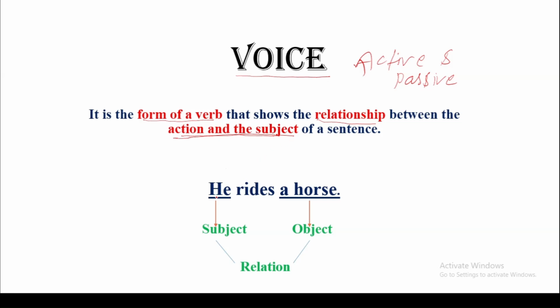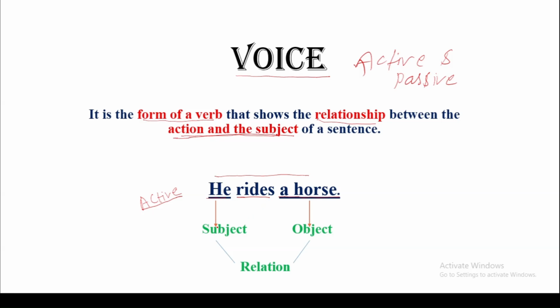Simply, look here at the sentence, he rides a horse. This sentence is in active voice. It is an active statement. In the statement, he is the subject, a horse is the object here, and rides is a verb.